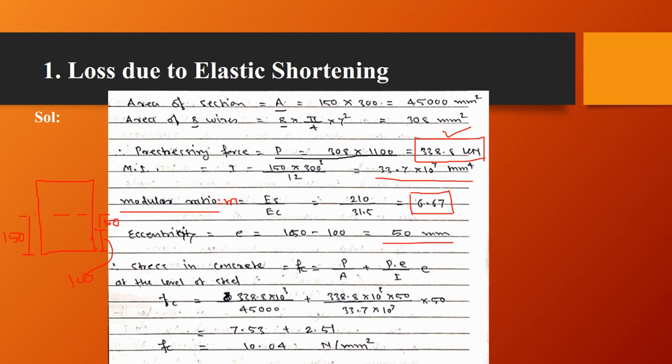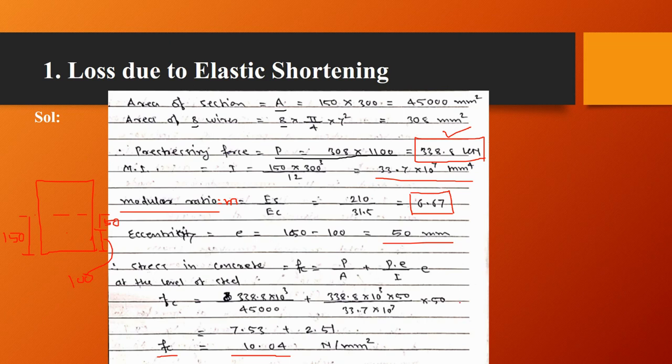So fc, the stress in concrete, comes to 10.04 Newton per mm square. The eccentricity you have to consider for the calculation of the final stress. So now we know the amount of stress in concrete.